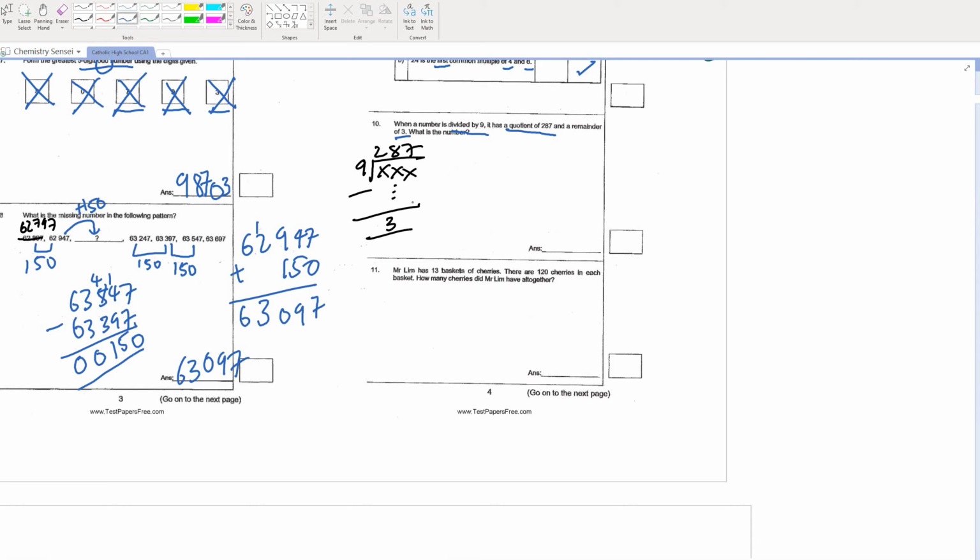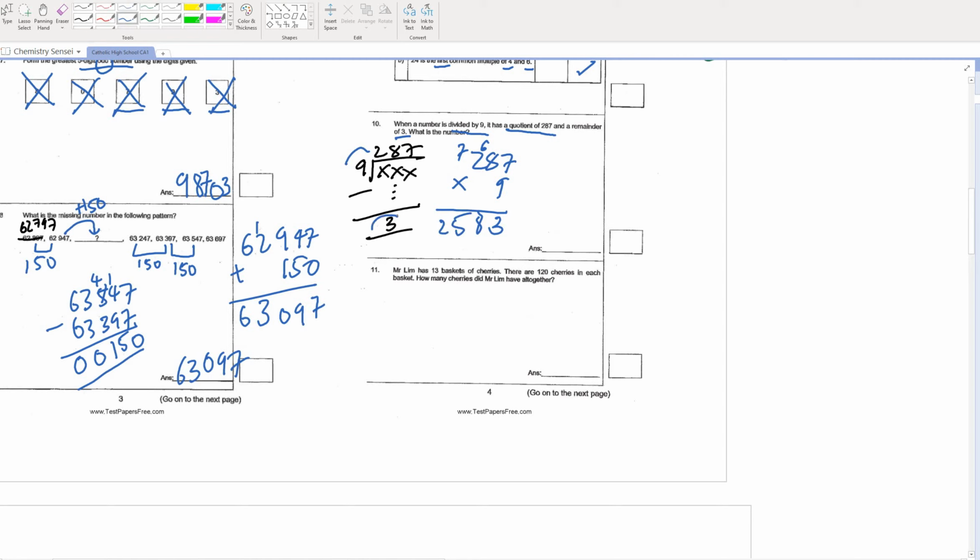One quick way to find the missing number is by doing the opposite. First, we have to take 287 multiply by 9. 9 times 7 is 63. 8 times 9 is 72, plus 6 is 78. 2 times 9 is 18. 18 plus 7 is 25.